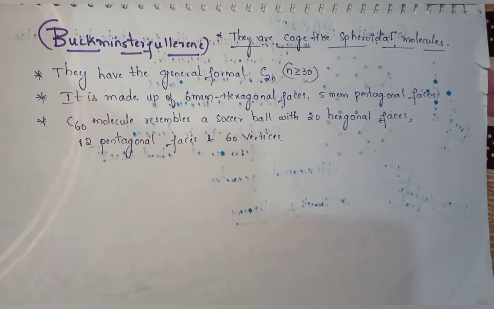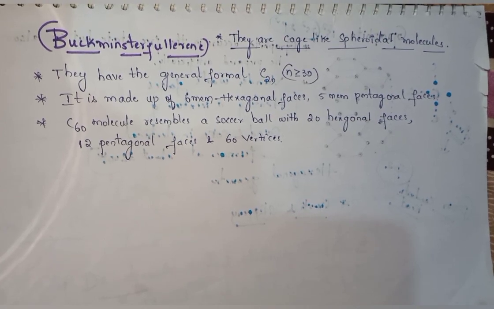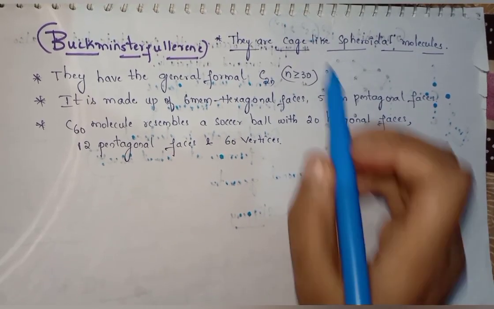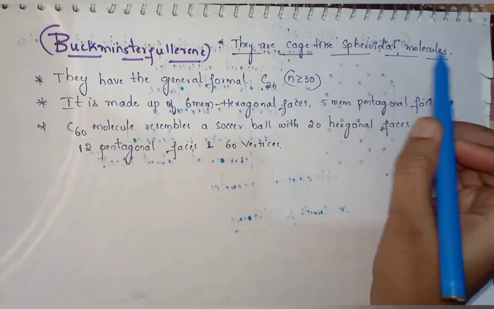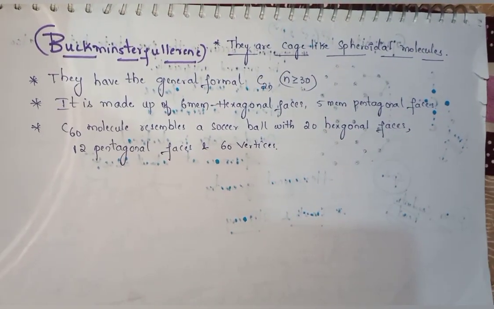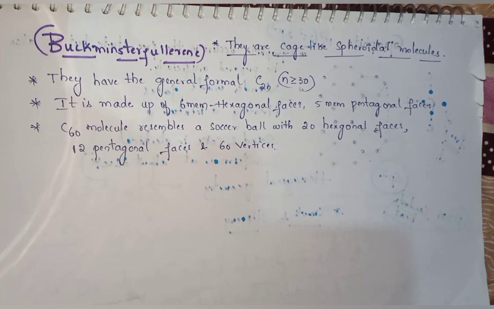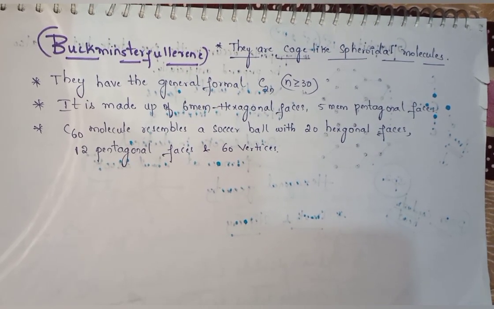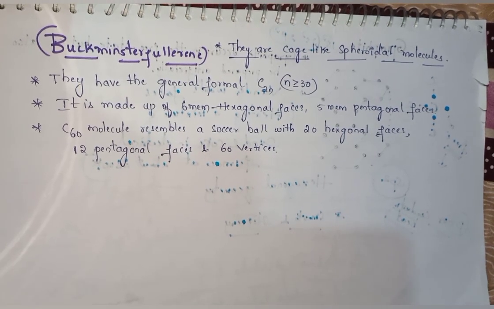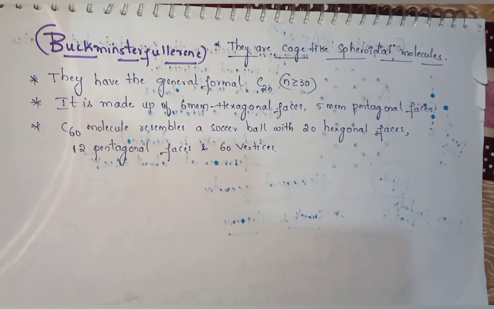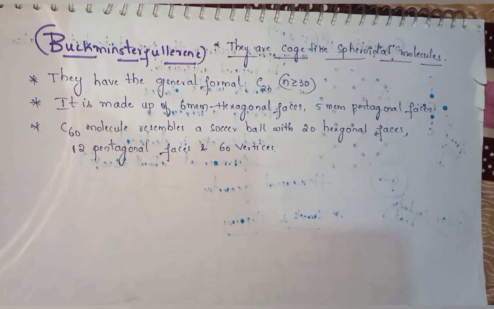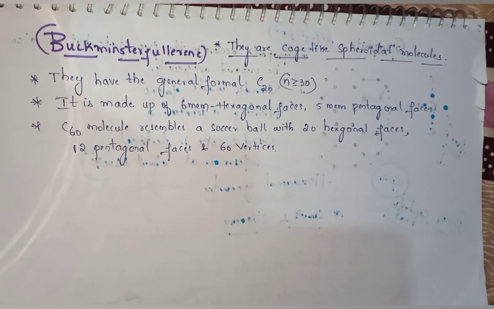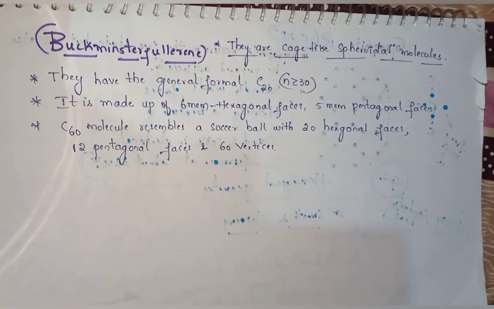Now we can study about the fullerenes or Buckminster fullerenes, and these are cage-like spheroidal molecules. Look at the picture of Buckminster fullerenes, and why did they get this name? Because it resembles the geodesic dome which is designed by US architect Buckminster Fuller.